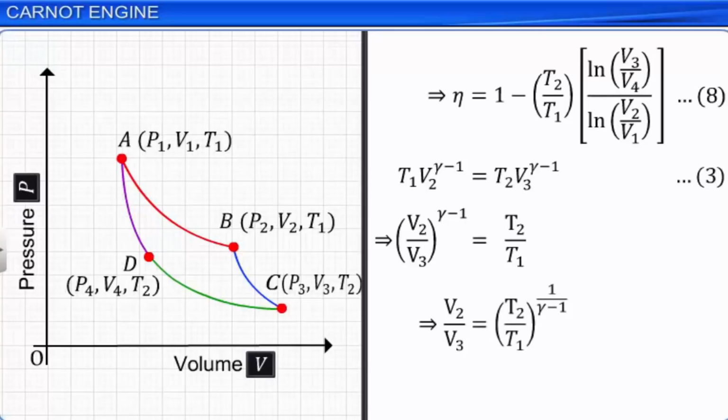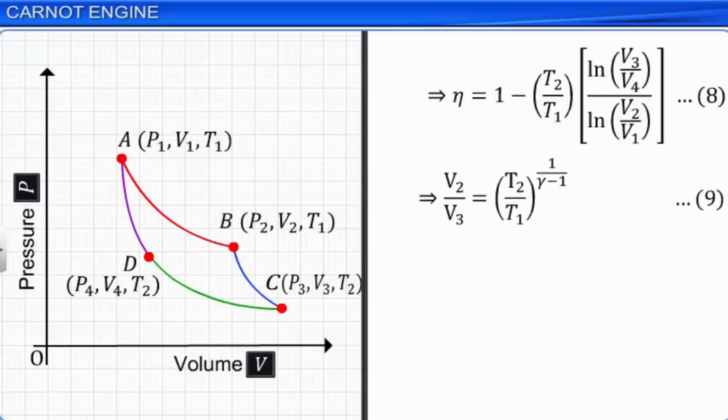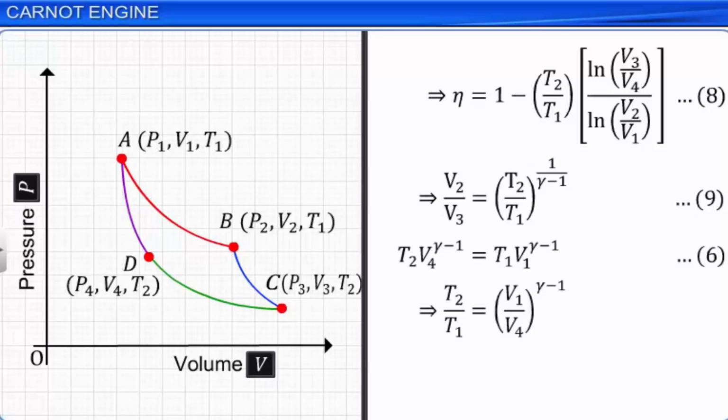Similarly, equation 6 can be rewritten as V1 by V4 is equal to (T2 by T1) to the power of 1 by gamma minus 1. Let this be equation 10. From equations 9 and 10, we have V3 by V4 is equal to V2 by V1.